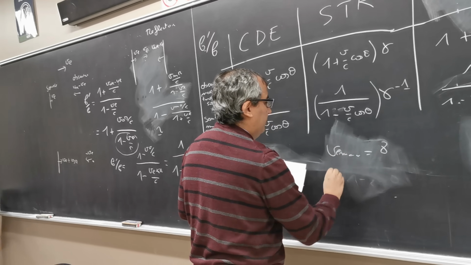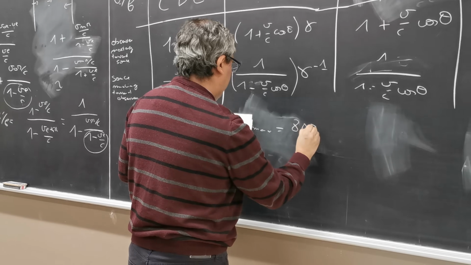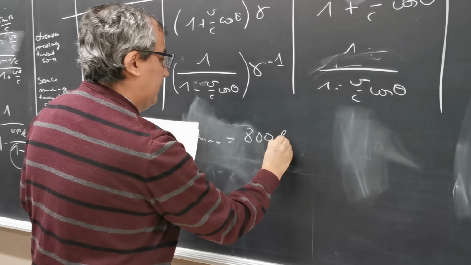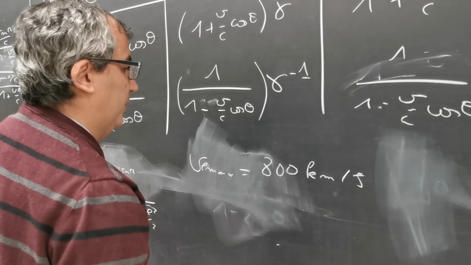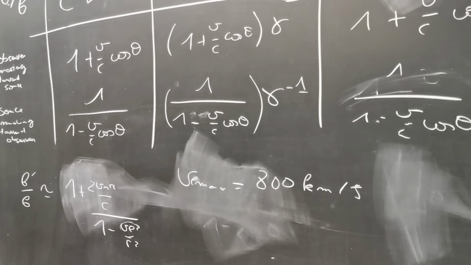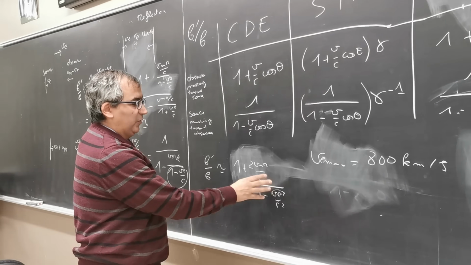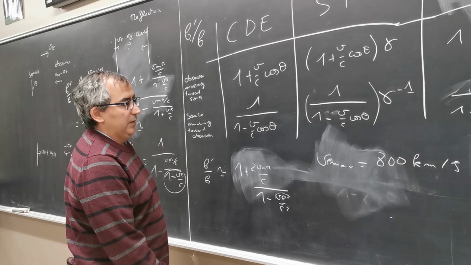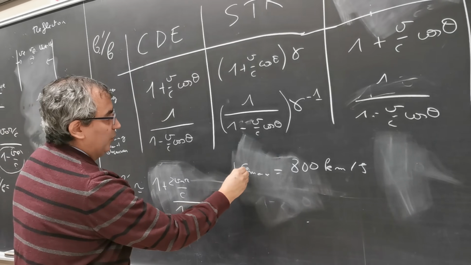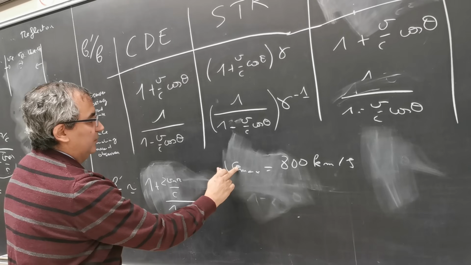For VE max we use 800 kilometers per second. And we try to see how much difference this motion will make in the Doppler shift.